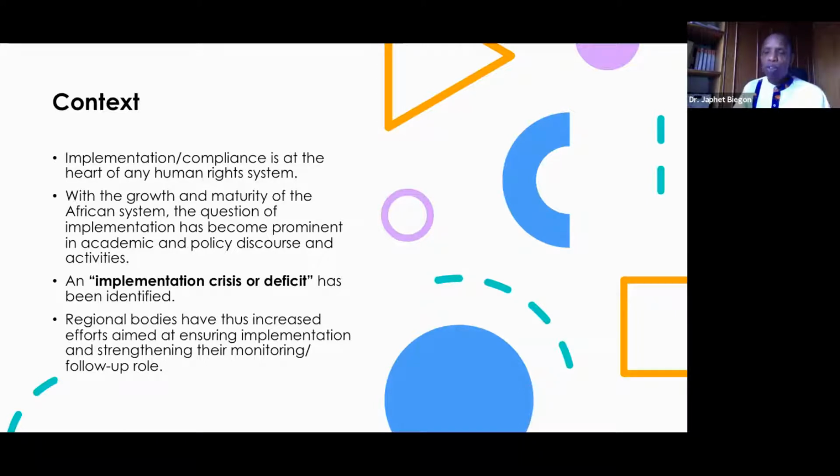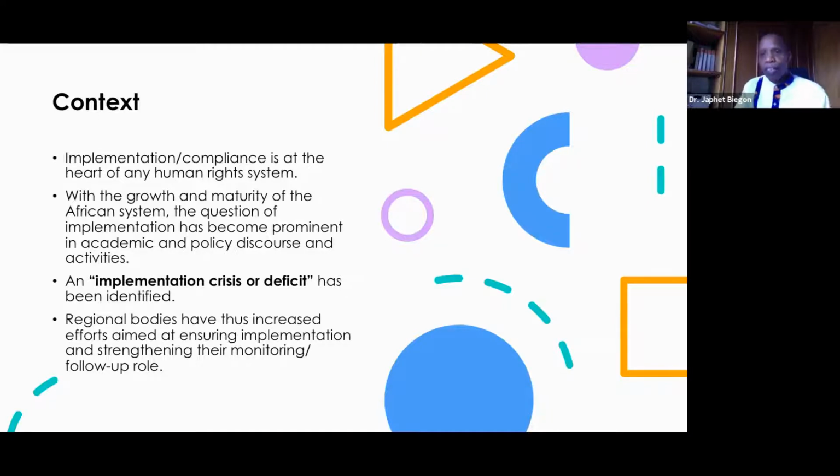Of course, it's good for jurisprudence and pushing boundaries for these institutions to render the decisions that they render. But in the end, it is for victims and complainants to benefit from those decisions. What makes those decisions go from a PDF or a piece of paper to living the reality of victims? It is the implementation of those decisions that makes the difference.